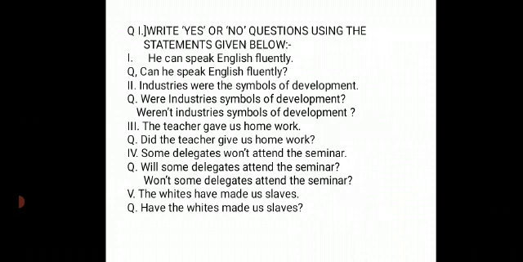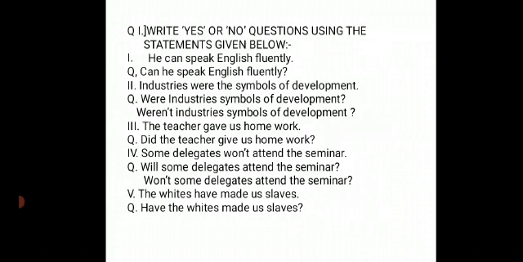So what will you ask? Can he speak English fluently? Or you may also ask, can't he speak English fluently? But we are using the auxiliary verb can. Subject is he, verb is speak, and the rest of the sentence. So, can he speak English fluently?